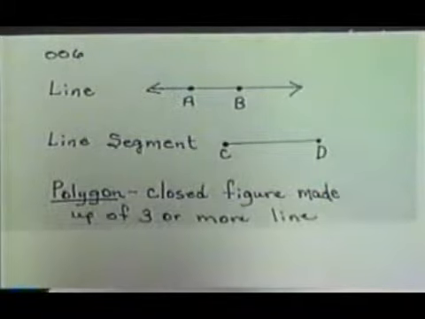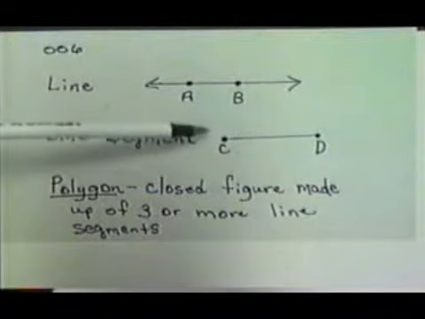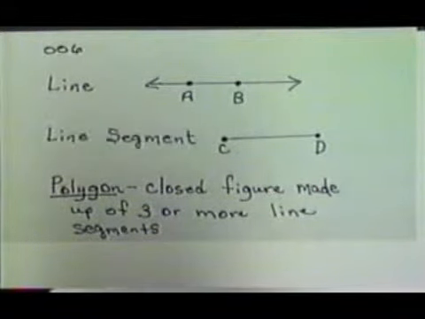Now we want to talk about what a polygon is. A polygon is a closed figure that is made up of 3 or more of these line segments that I have up here. So if I put 3 or more line segments together, we'd have a polygon.